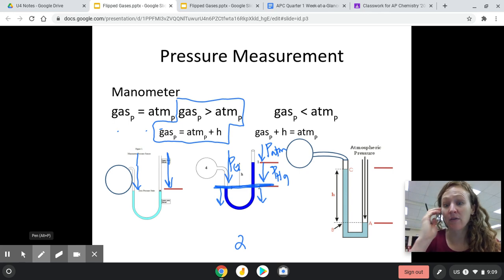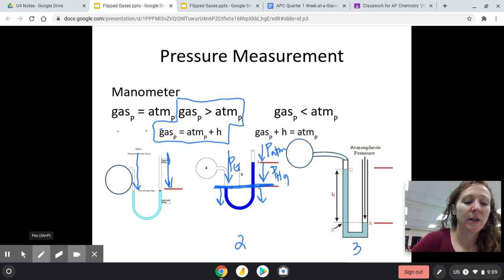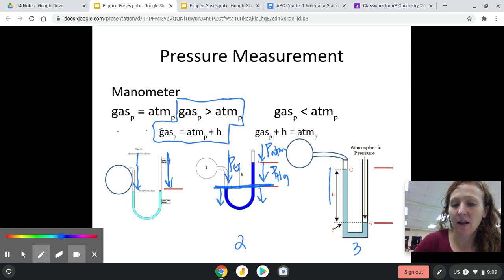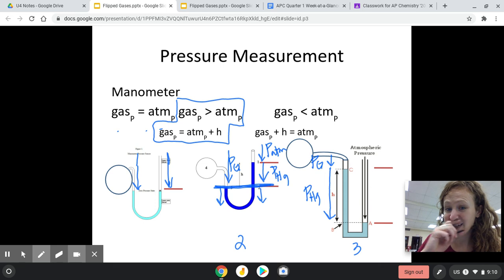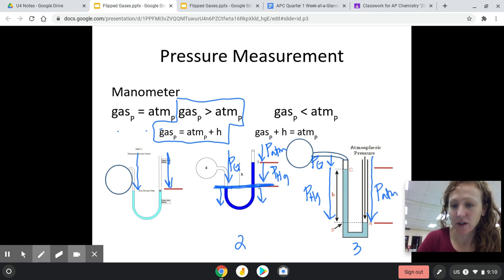Okay, and then we can see finally our scenario 3 is the opposite. We have this column of mercury here plus the reaction, and it is being equalized by the pressure of the atmosphere alone.